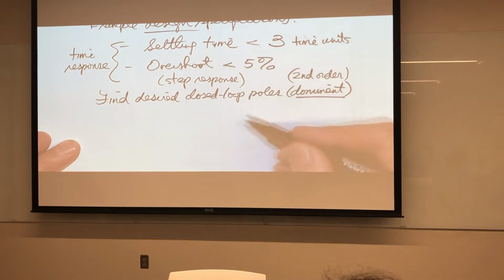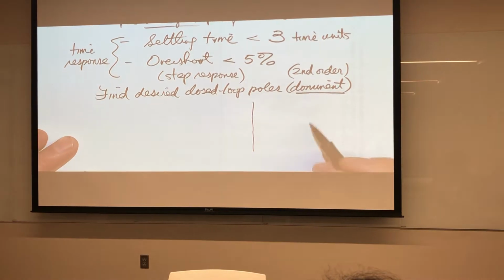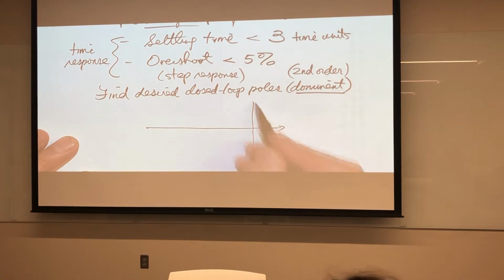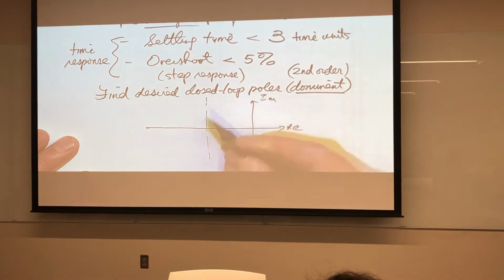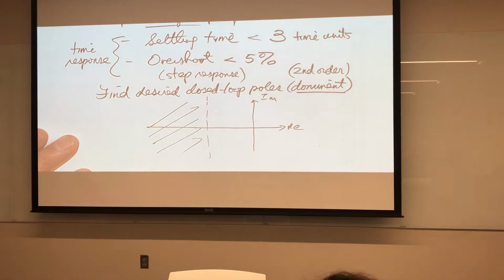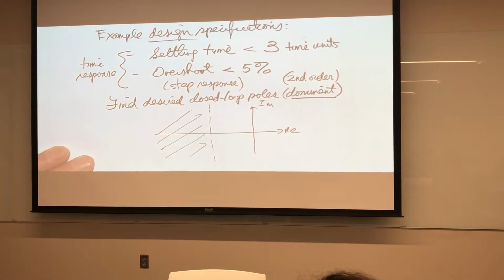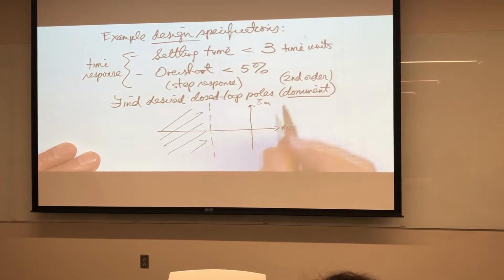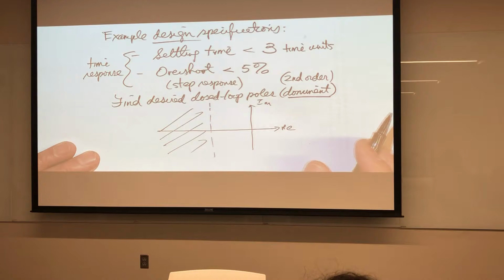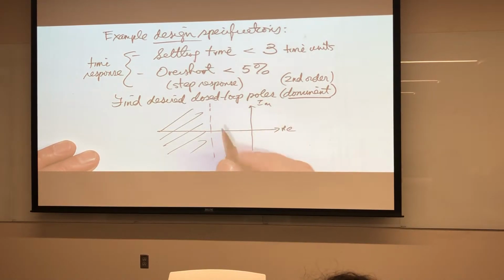All right, so what we'll do is I'm going to say that the poles need to lie somewhere over here, to the left. The time constant has to be a fourth of 3, so it should be to the left of minus 4 over 3, wherever that is.